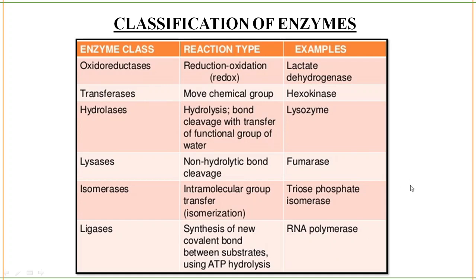They might give you a reaction and ask what kind of reaction this is, what class of enzyme is involved here. So oxidoreductase, redox reaction; transferase, group transfer; hydrolase, hydrolysis with water; lyases, cleavage without water; isomerase, isomerization; ligases, joining, bond formation taking place. So this is the classification of enzymes.